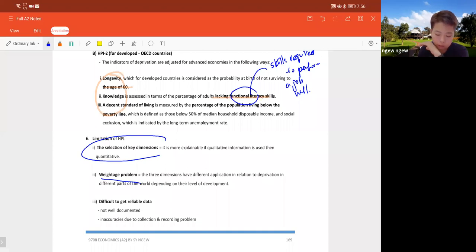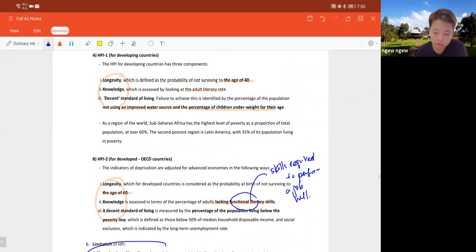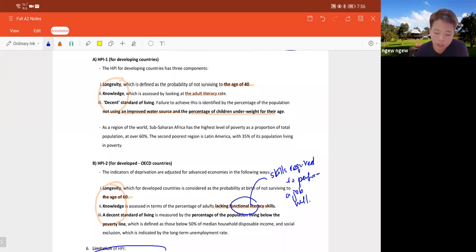And also, till now, guys, HPI is not well documented yet due to a lot of recording and a lot of inaccuracy. And if you look at the benchmark itself, especially for the poorer countries, it is so subjective. What is meant by improved water source? What is the proper measure of it?